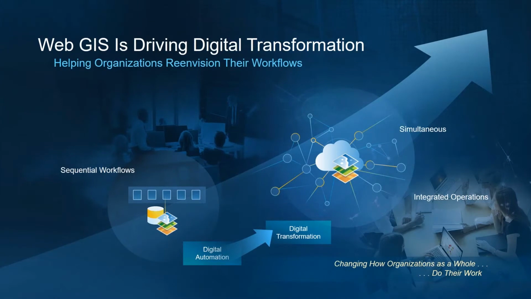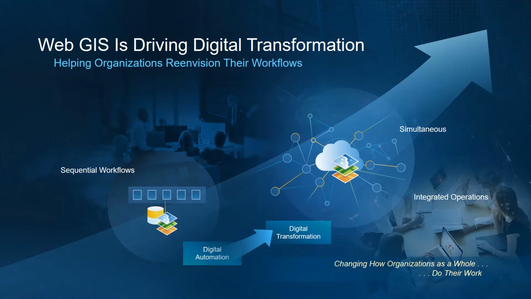And so what we're really seeing is WebGIS driving a digital transformation, helping you re-envision your workflow from where perhaps today you're doing things sequentially. And then you get to a certain point, then you hand off to another part of your organization or toward another organization where they pick it up and then they move from there.